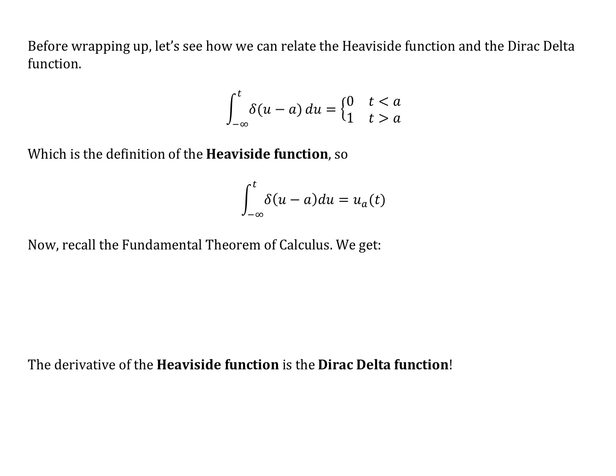So if we take the integral from negative infinity to some value of t of this Dirac delta function of u minus a du, so I'm taking the integral with respect to u, this is going to equal a piecewise function that equals 0 when t is less than a, but equals 1 when t is greater than a.